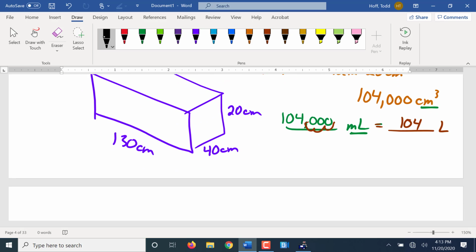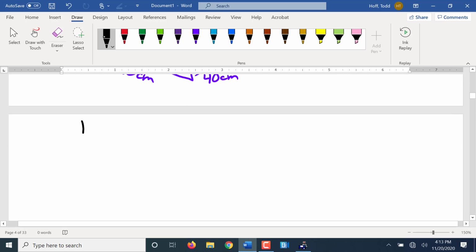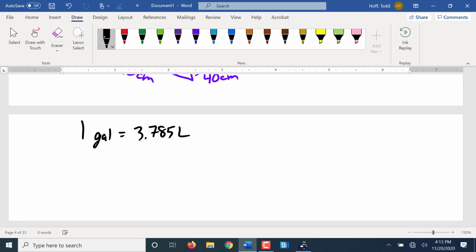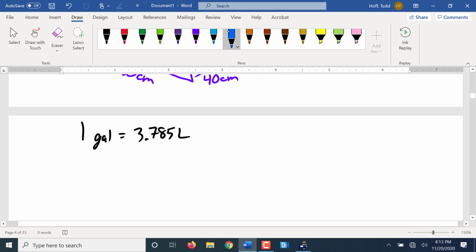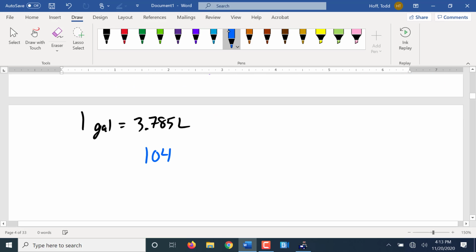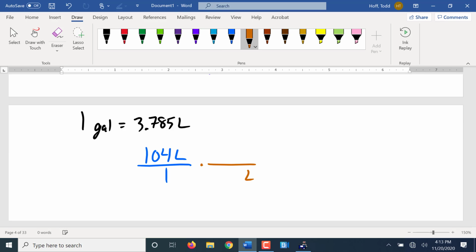Now we have to do the awkward conversion between metric and standard. 1 gallon is about 3.785 liters. So if I want to convert that 104 liters into gallons, I'll put liters on bottom, gallons on top. 1 gallon is 3.785 liters.